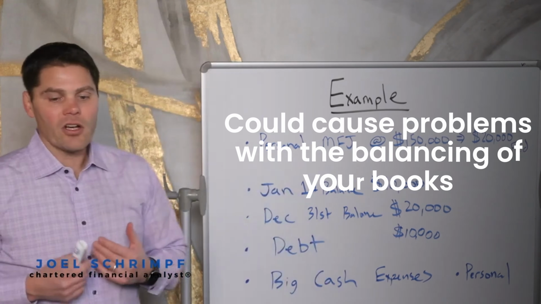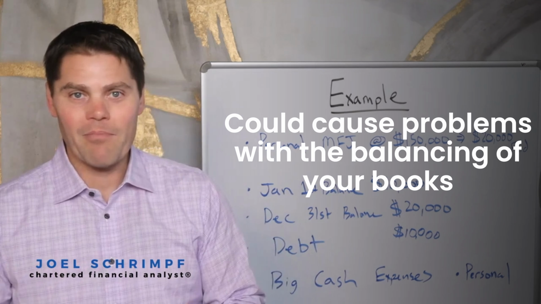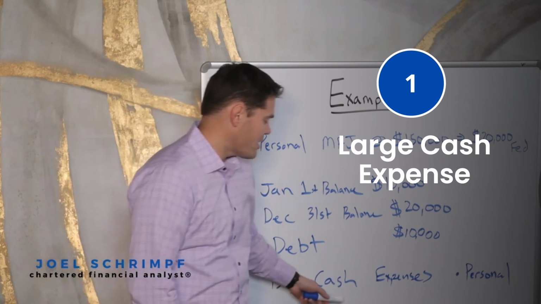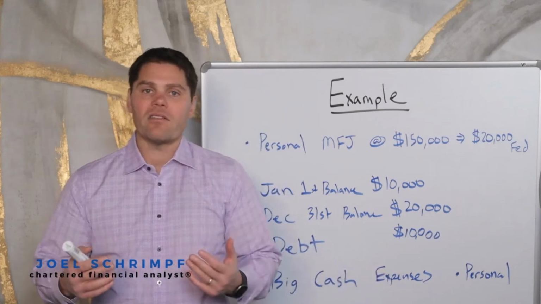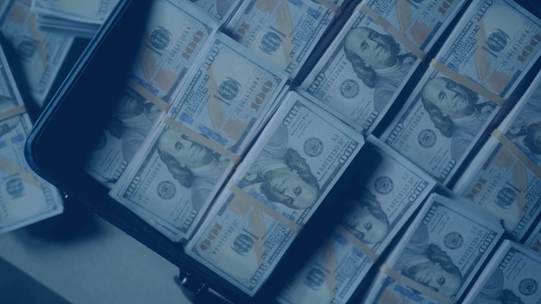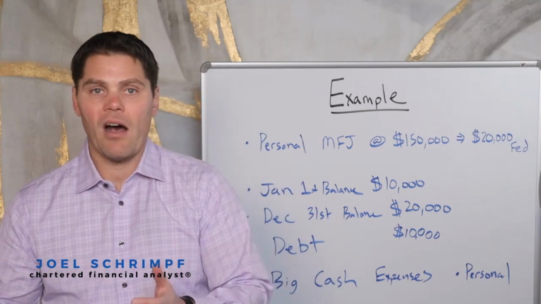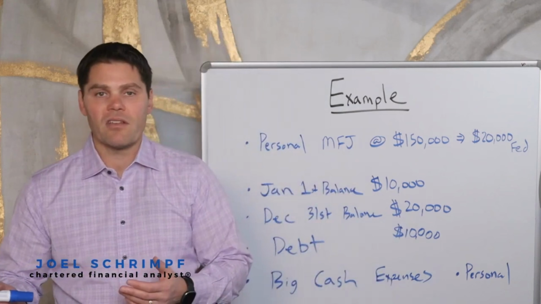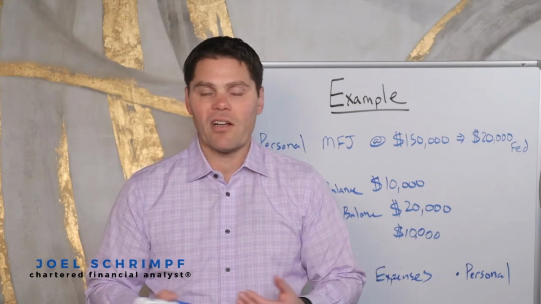Some things that could cause problems with the balancing of your books. Number one is if you have a large cash expense. So let's just say you took $100,000 from your business account and went to go pay off something like a hard asset. Like you bought something in your business that's a big piece of machinery that costs $100,000.